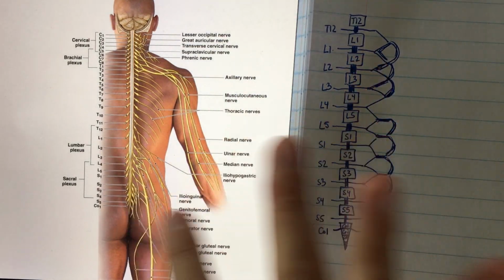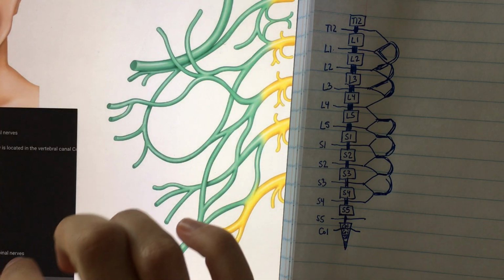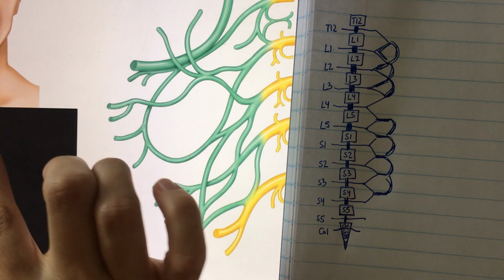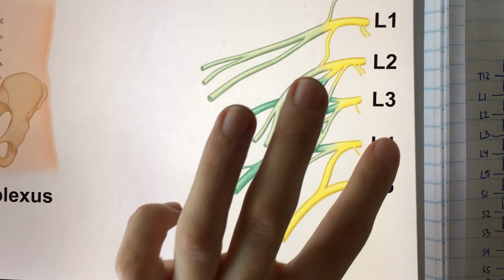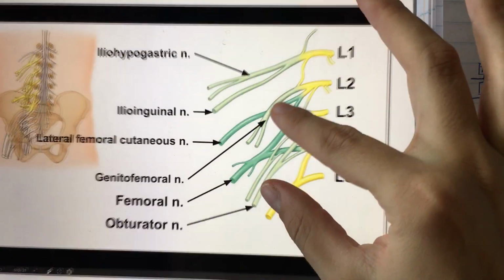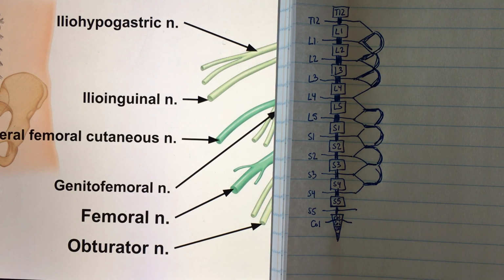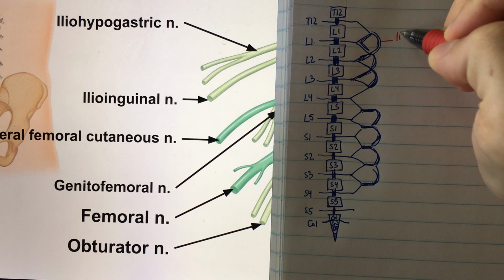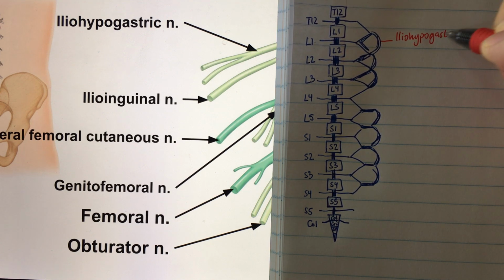We're going to skip a few slides ahead. Compression to lumbar plexus. Okay, so the main nerves that come out of the lumbar plexus will be iliohypogastric, I guess I'm not going to write to save time.